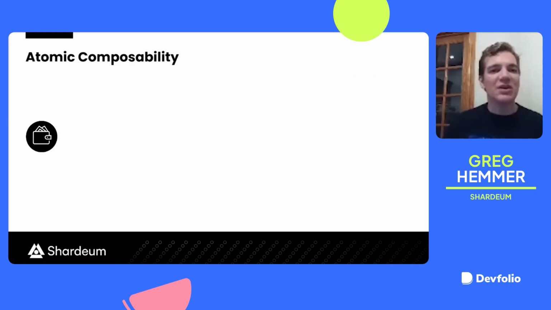As a developer, you no longer need to worry about which shard you deploy to and worry about only having composability with the other applications on your shard. With Shardeum, you just need to deploy your contract and you immediately have composability with all contracts on the network.